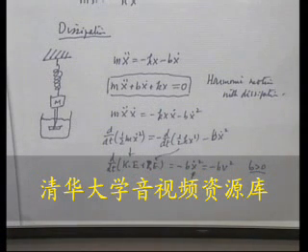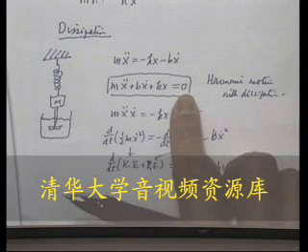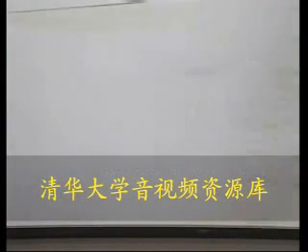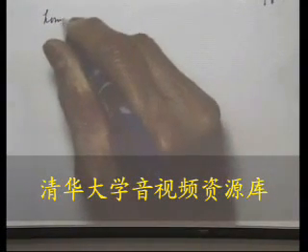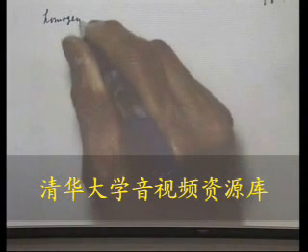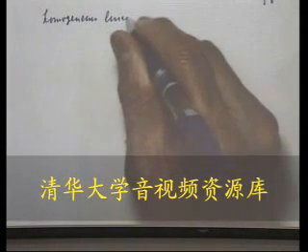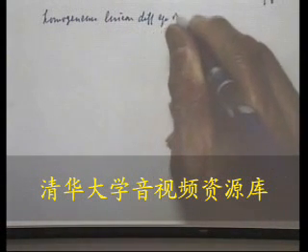Homogeneous in the sense that every term is proportional to x. If you have something on the right hand side which is not proportional to x, then it's not homogeneous. So this is called a homogeneous linear differential equation of second order.